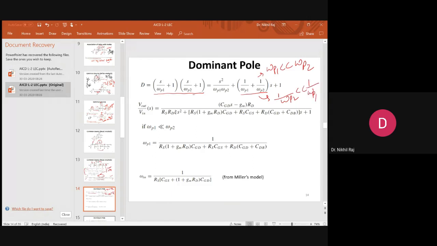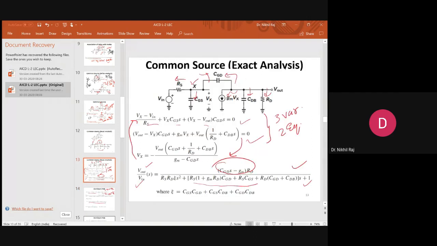So if we do this approximation, assuming one pole is very near to the origin and the other is very far away from the origin, then we can estimate that omega p1 will be equal to this product. Like in the earlier slide, omega p1 is this value.